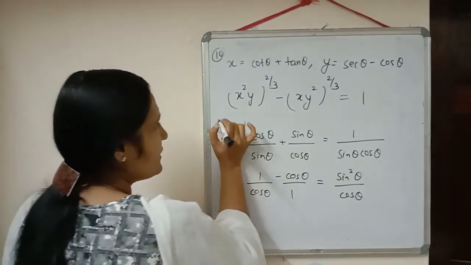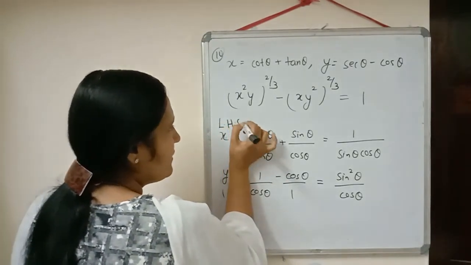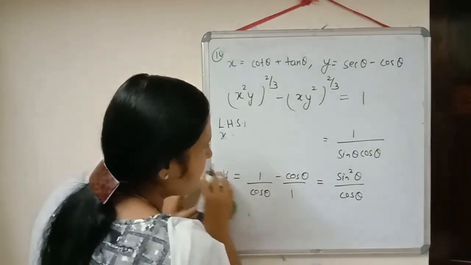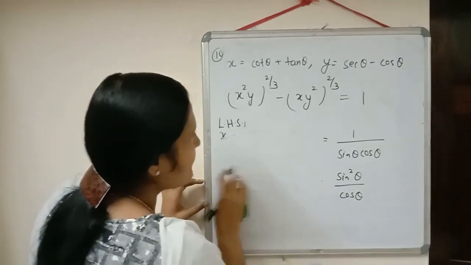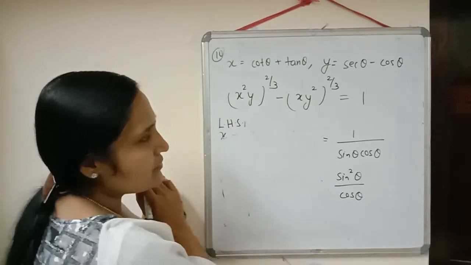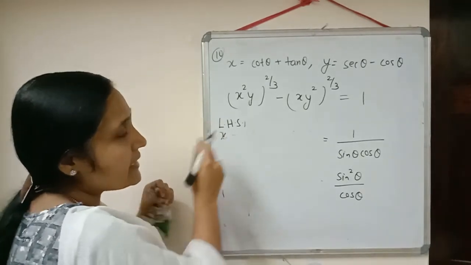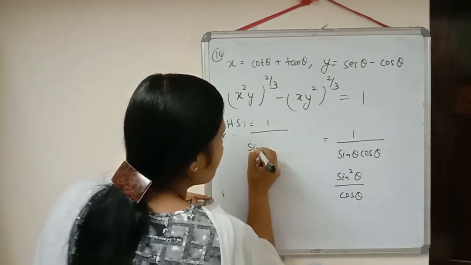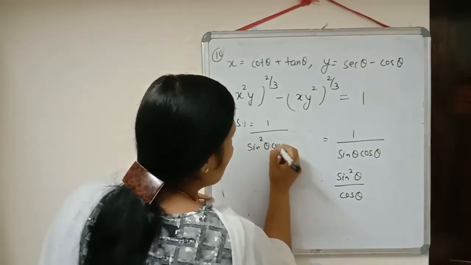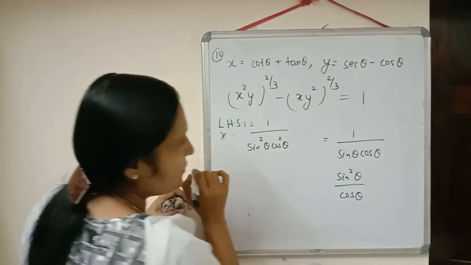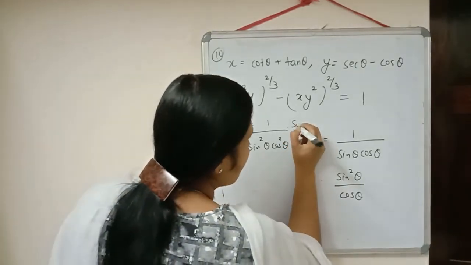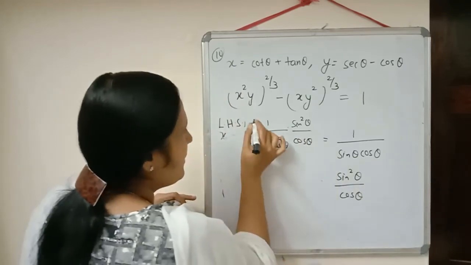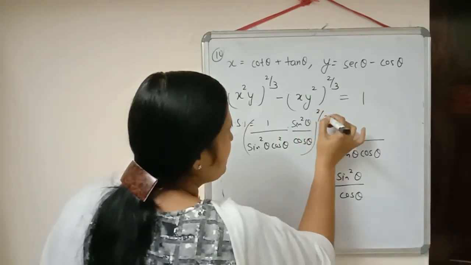So let me write down the left hand side. After substituting the values: this is x and this one is y. In place of x square, it will be 1 by sin square theta cos square theta, into y, which is sin square theta by cos theta, whole raised to 2 by 3.